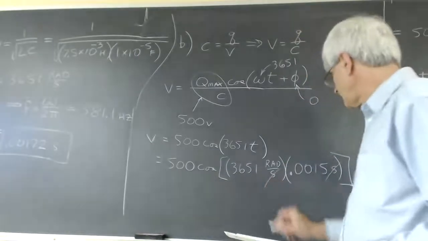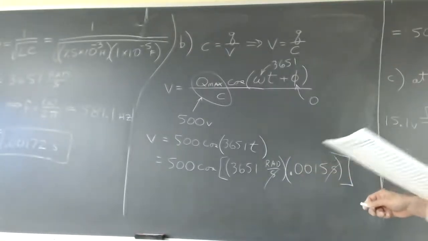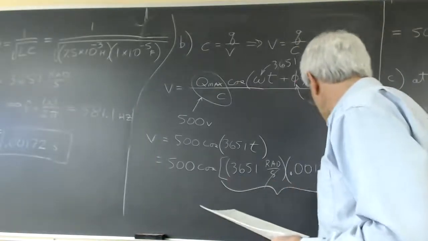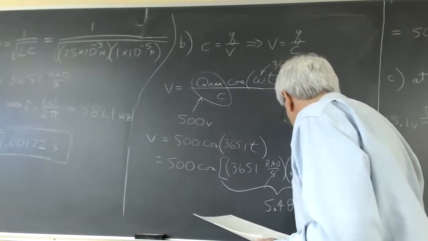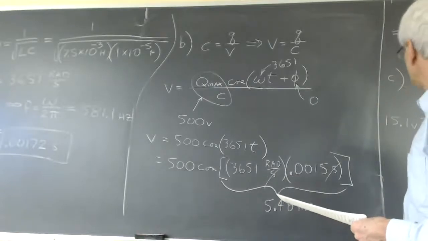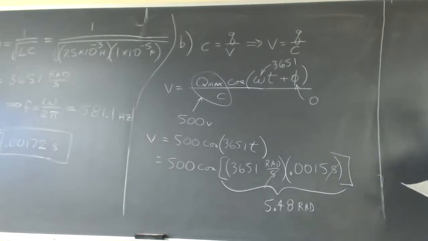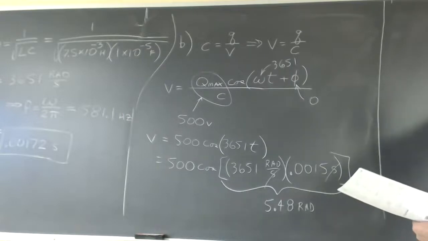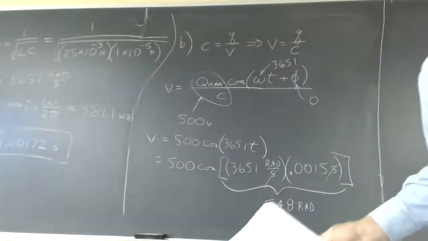So seconds cancel seconds, and you're left with the cosine of a certain number of radians. I almost fit that in there, but I need a little more space.